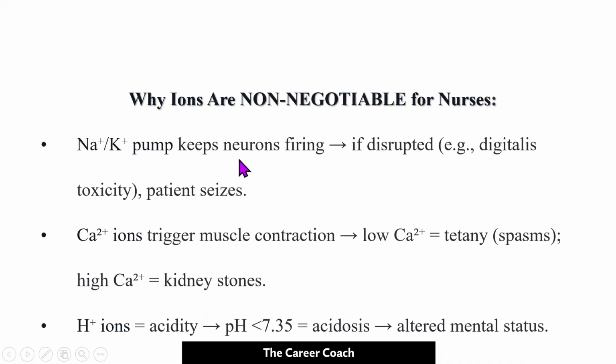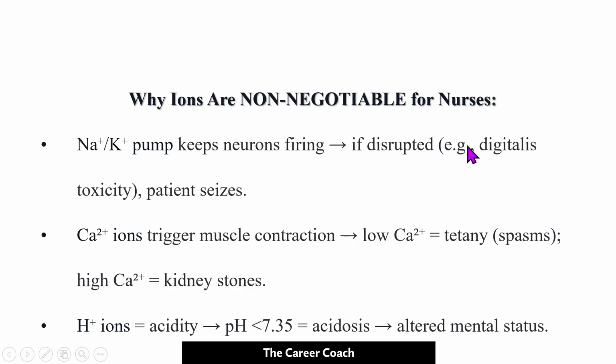Why are ions non-negotiable for nurses? Ions are non-negotiable for nurses because of the crucial role they play in the human body. Example is your sodium-potassium pump, which ensures that the neurons of the brain are firing well. If they are disrupted, it will lead to the patients having seizures. You have to understand this.